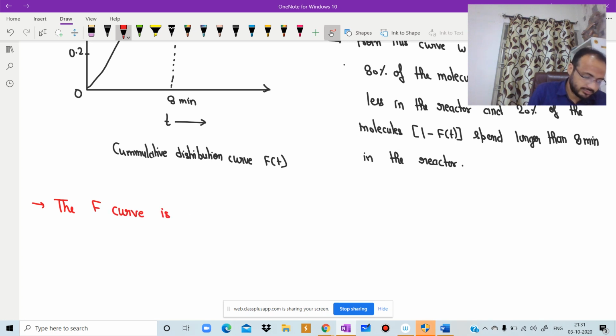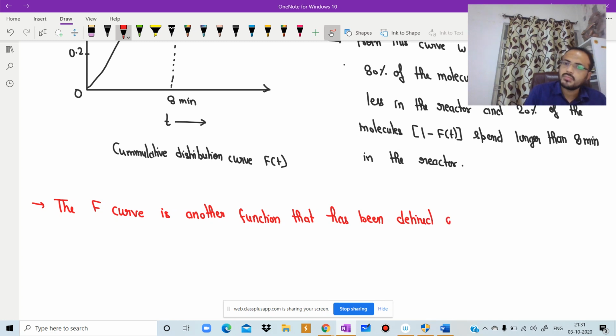The F curve is another function that has been defined as the normalized response to a particular input.